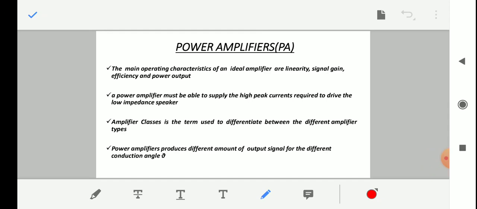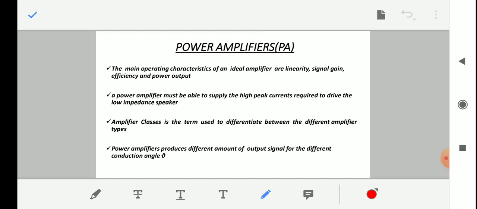Last time, when I communicated with you over the WhatsApp group or Google Classroom, I sent a PDF on power amplifiers, notes from Unit 2.